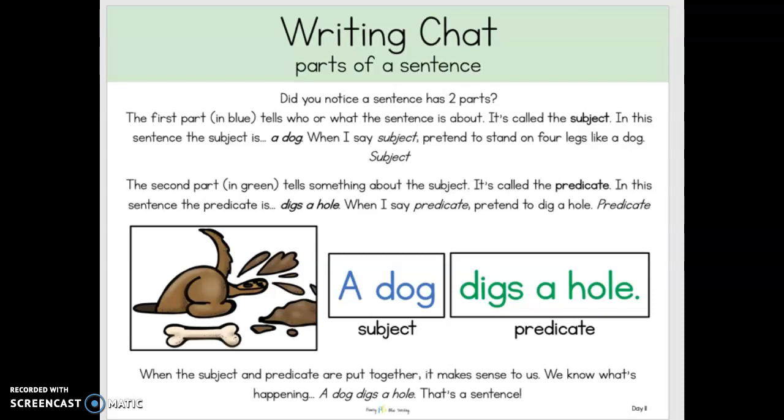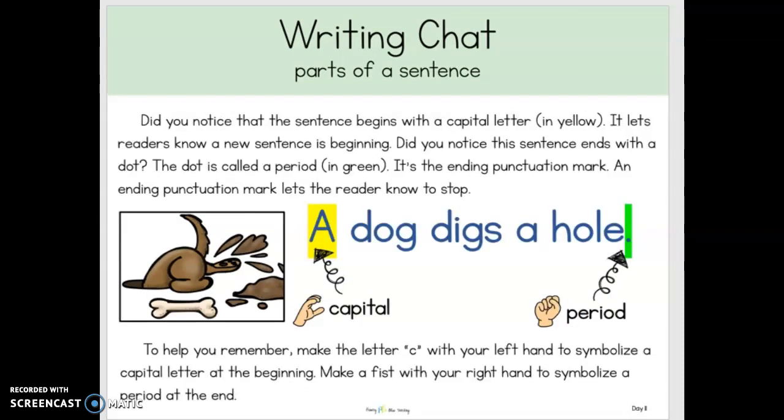That's a sentence. Did you notice that a sentence begins with a capital letter? And that's how the readers know that a new sentence is starting. And also it ends with a period. The period is the way it tells the reader to stop.